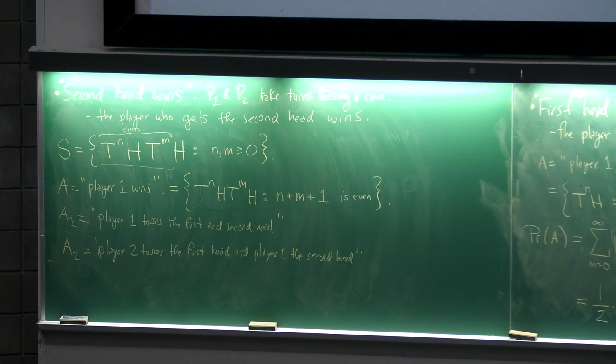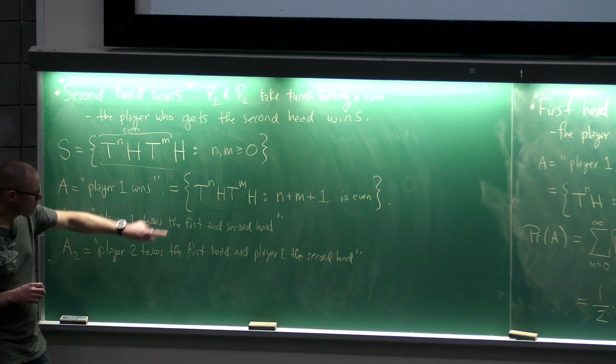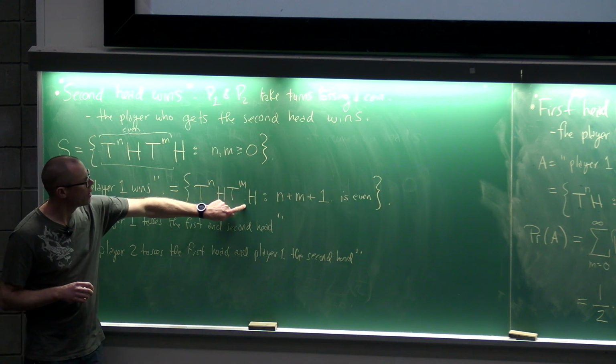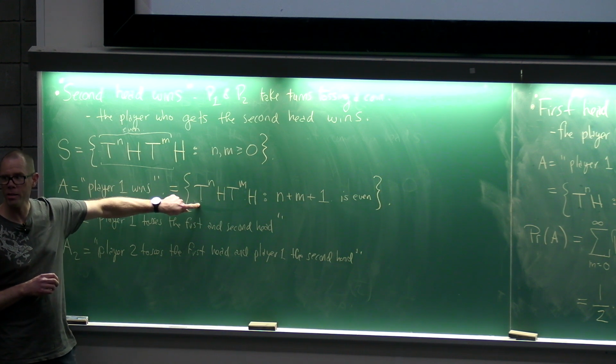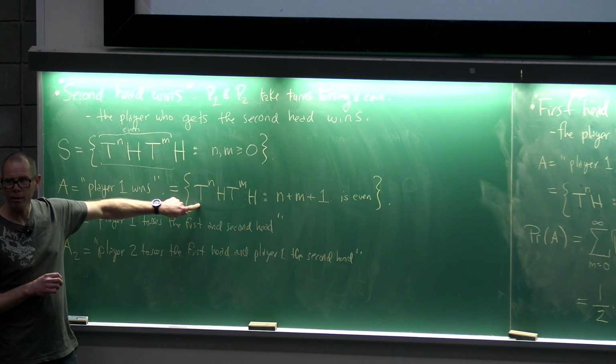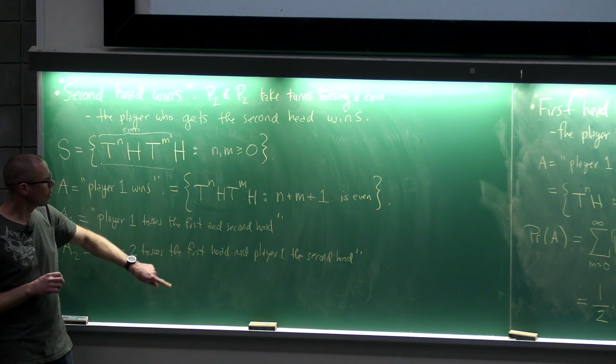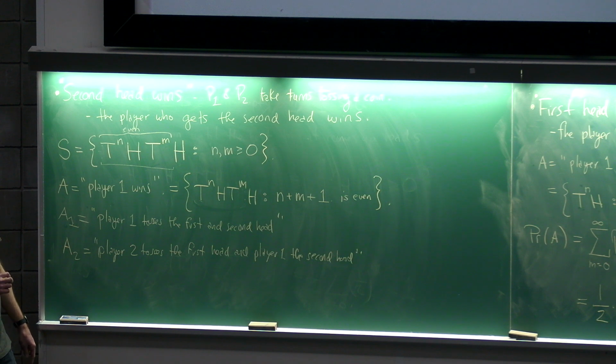Sorry, why do we need n plus m plus 1 to be even? Because if player 1 is going to win, that means a bunch of stuff happens before the second head is tossed. Yeah, n plus 1, and then m plus 1 is even if player 1 wins.